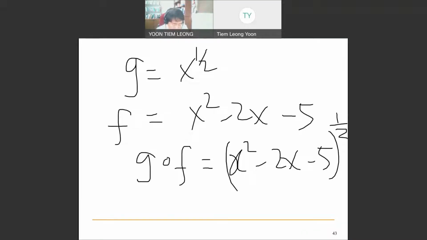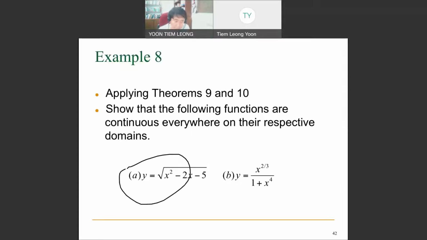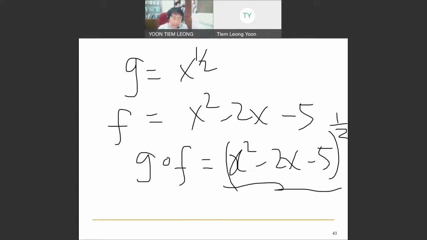Okay, so this is the original function we want to prove, right? The function is the square root of x squared minus 2x minus 5, and this is expressible in terms of g composed with f. In the previous explanation, we have argued that g is continuous for all x.